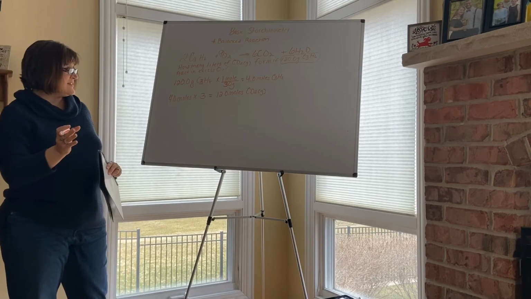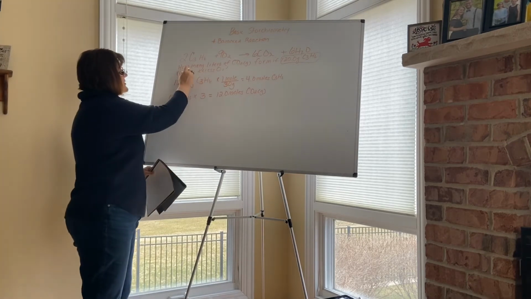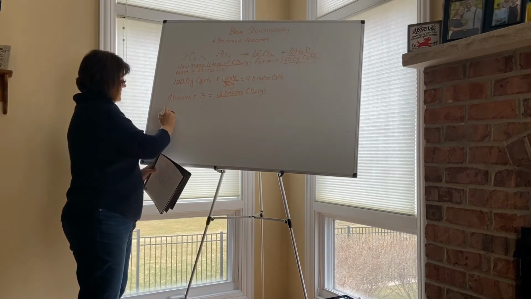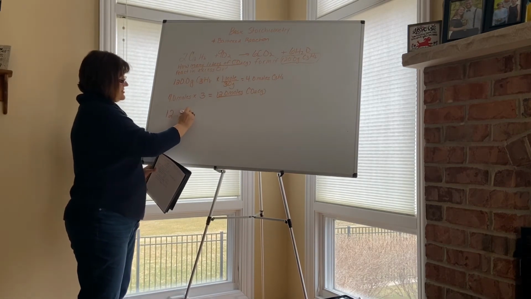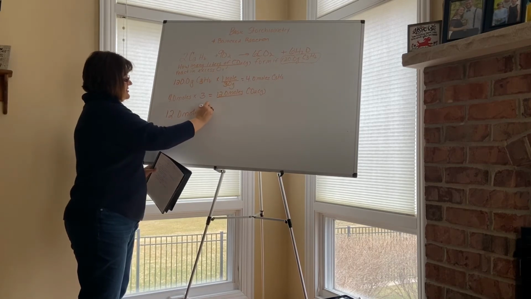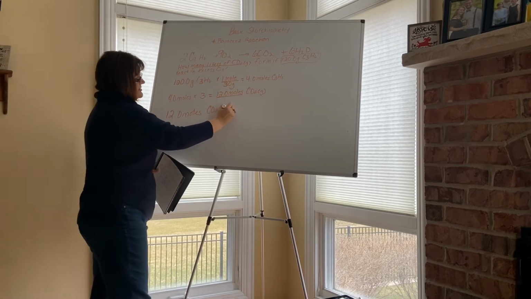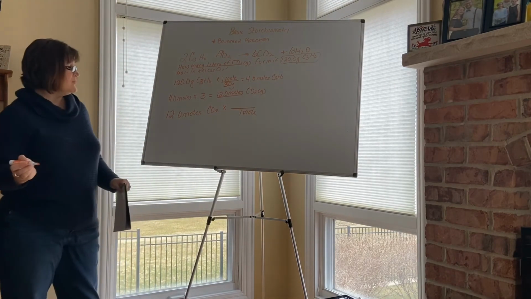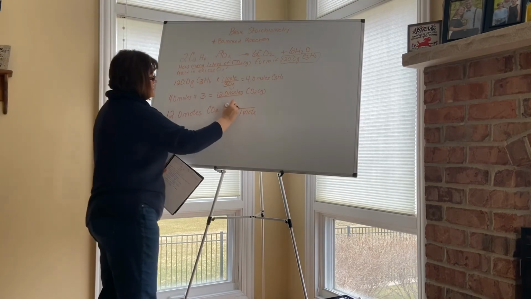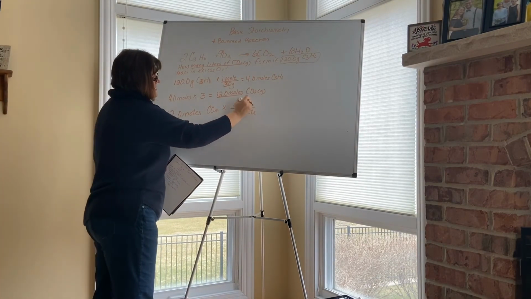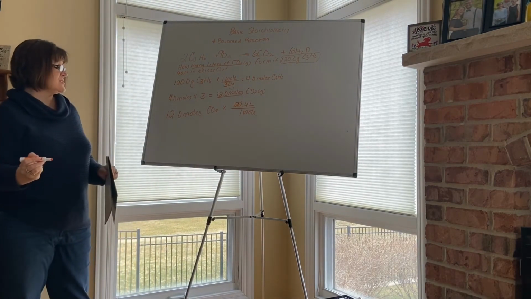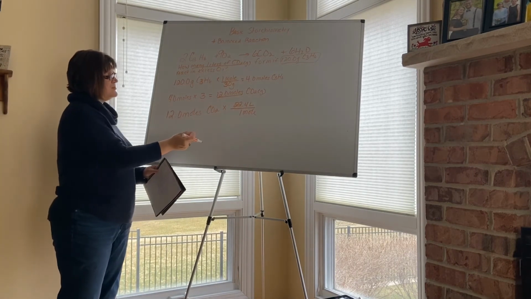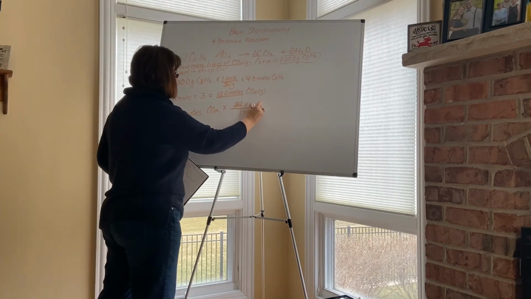But that's not finishing up the problem. The problem is liters of CO2. I'm at moles. I now need to convert to liters. Again, for every 1 mole of CO2, it's 22.4 liters, multiplying by Avogadro's hypothesis value of 22.4 liters for every 1 mole.